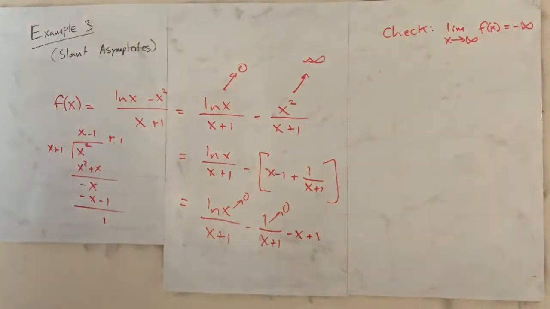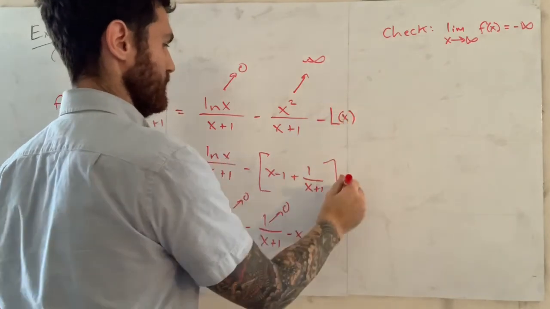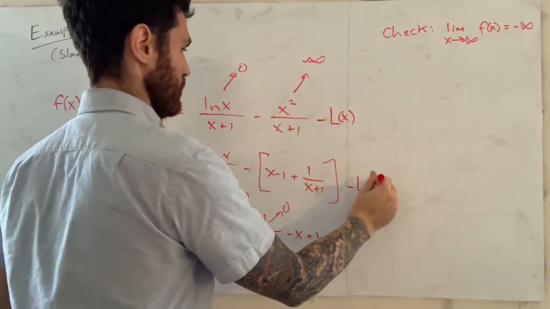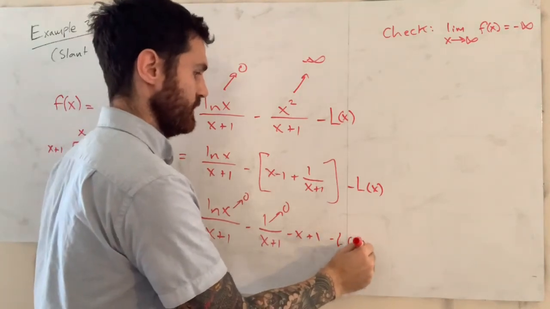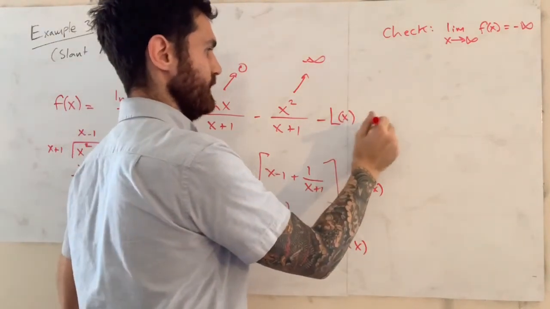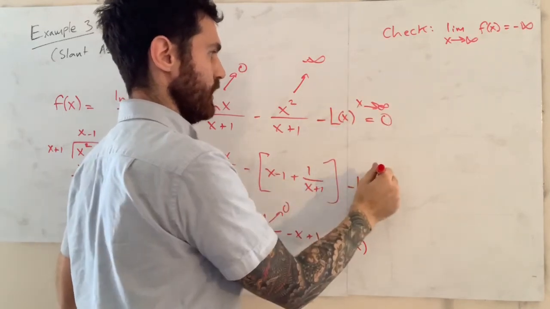So if I came over here and I said, oh, I want to subtract a line from these things so that when I take the limit as x goes to infinity, I get 0.